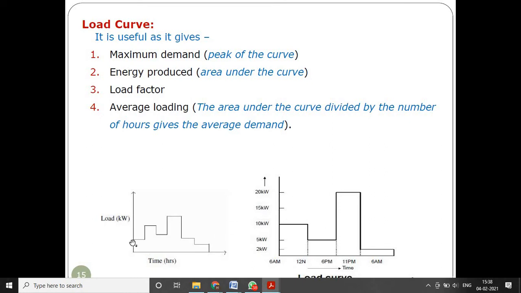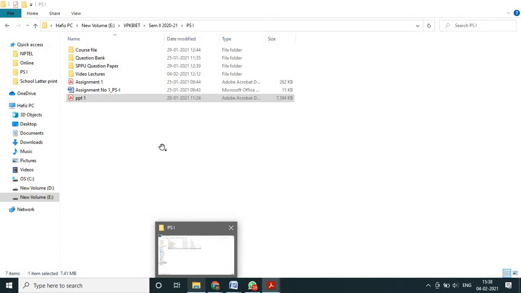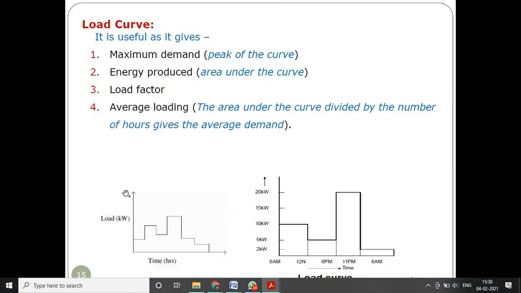So you can see this is a normal load curve. It is load, that is kW, versus time in hours.